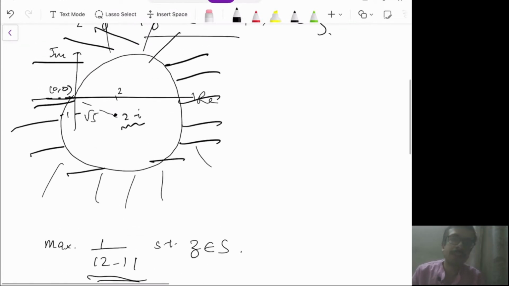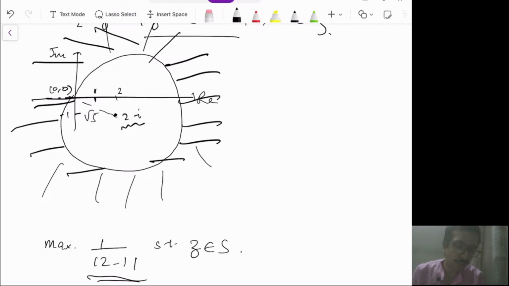Again this has a geometric interpretation, because I can take this point which represents the complex number 1. This is 1 comma 0 on the 2D plane, and I need to find a point on the set such that its distance from 1 comma 0 is the smallest. First of all, the point whose distance is smallest from 1 comma 0 is going to lie on the circle rather than outside it.